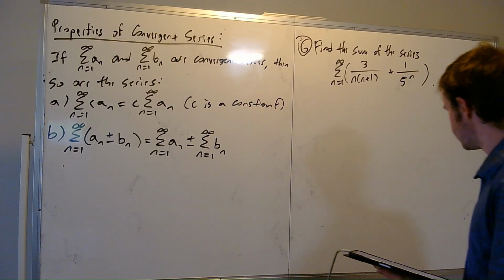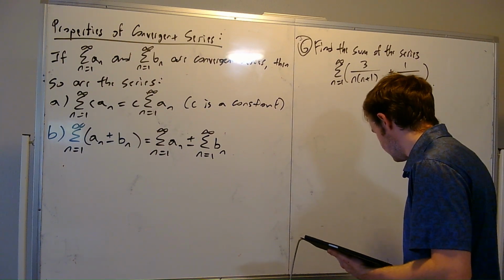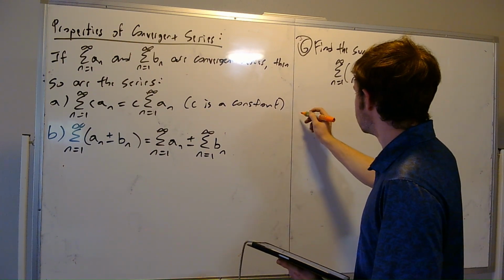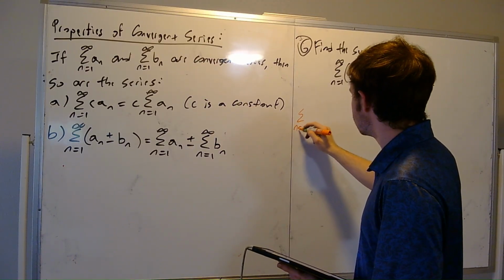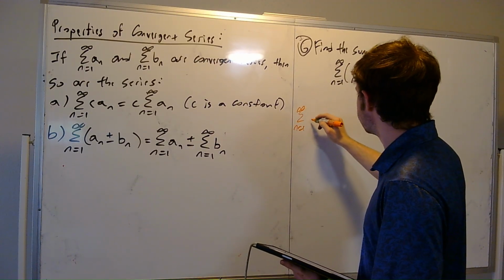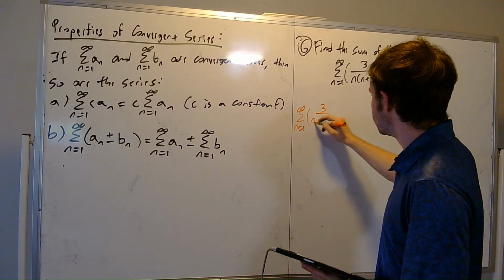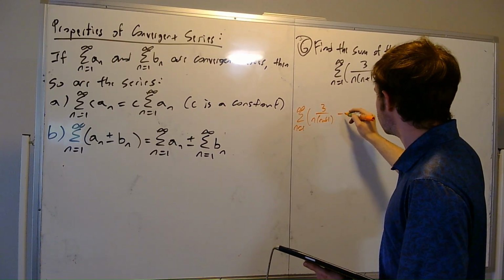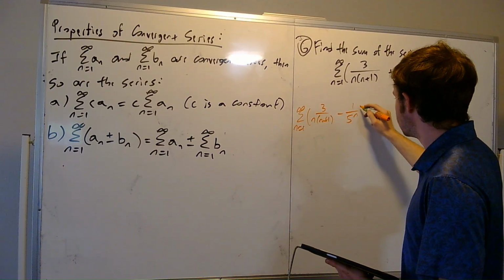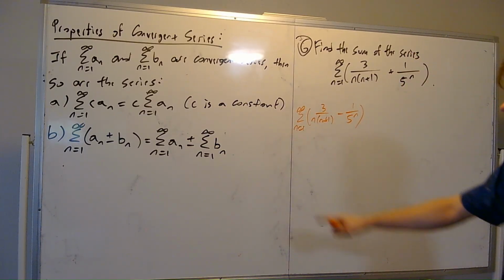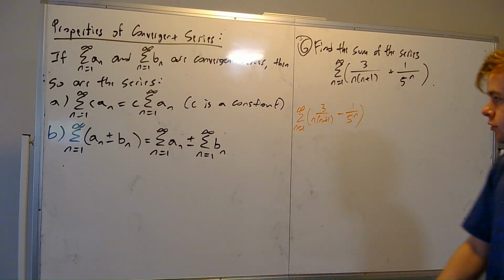Let's write down what we have here. We're given the sum from n equals 1 to infinity of 3 over n times n plus 1 minus 1 over 5 to the n. Remember what I said, we can break that into two sums.